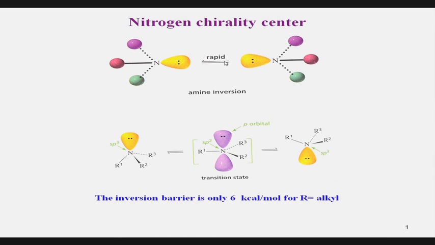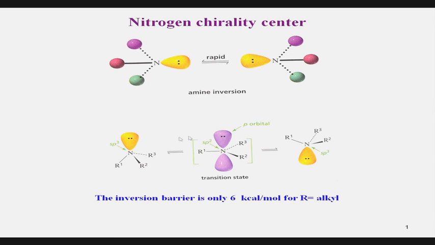What happens here is the nitrogen starts as an sp3 hybridized nitrogen, but during the inversion process at the intermediate stage it becomes sp2, where these three groups R1, R2, R3 are described by different colors. Here now I am putting three different groups R1, R2, R3, and this nitrogen was sp3 to start with, the lone pair is at the top.